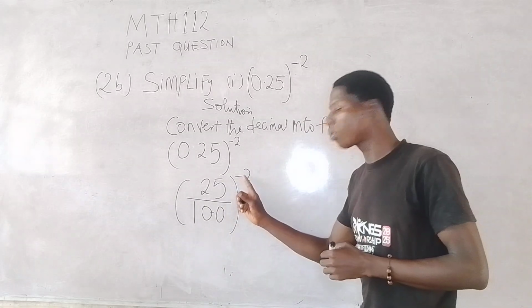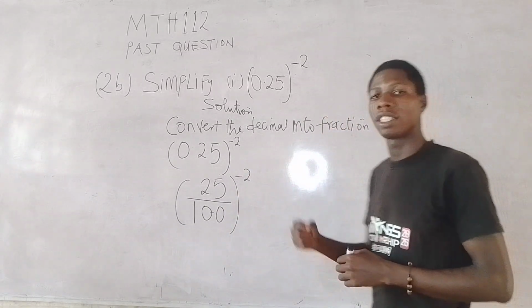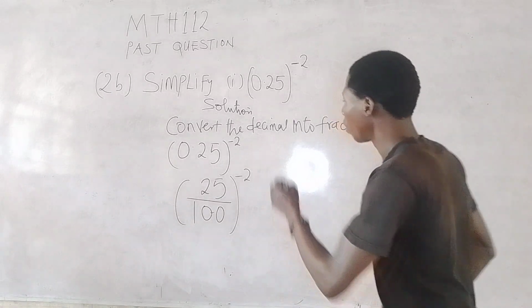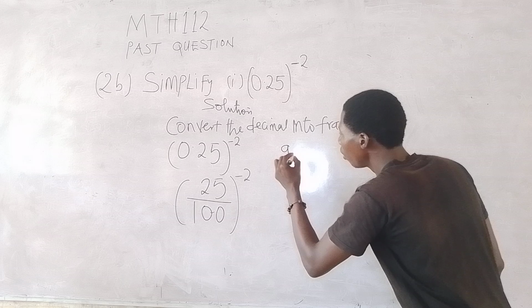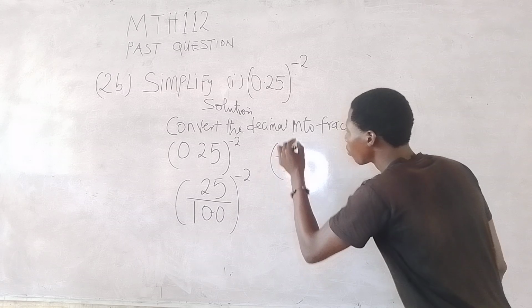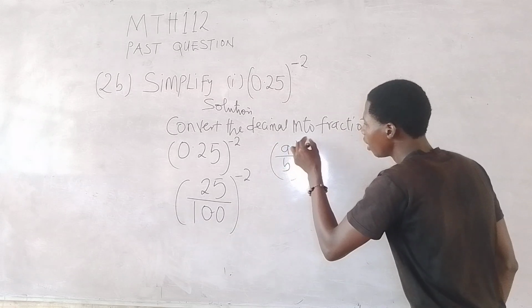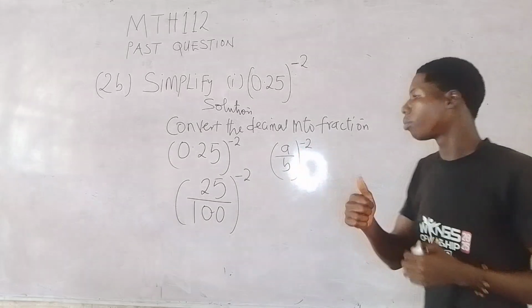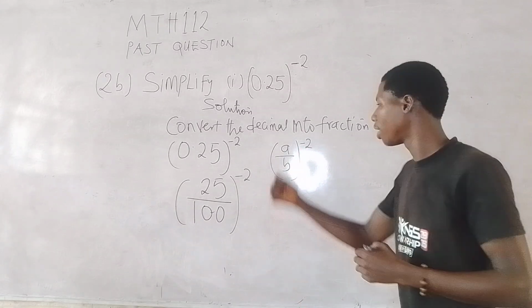This minus, for us to get rid of this minus, there is a law of indices that will follow. That law says whenever you are having a over b raised to negative, let's say 2, for me to get rid of this negative, I can invert the fraction.